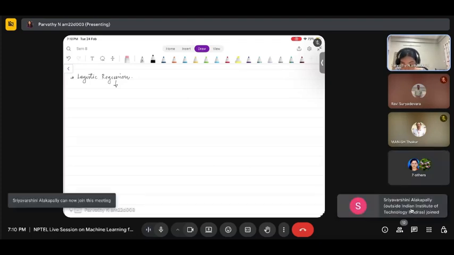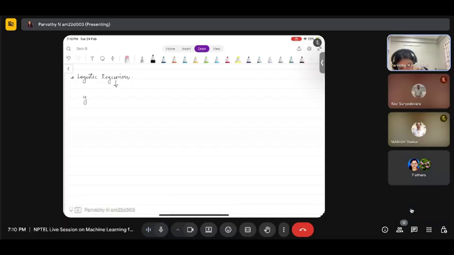If you try to use linear regression, we'll have y hat equal to W0 plus W1 x1 plus W2 x2. Let us imagine that we have only two features, x1 and x2.